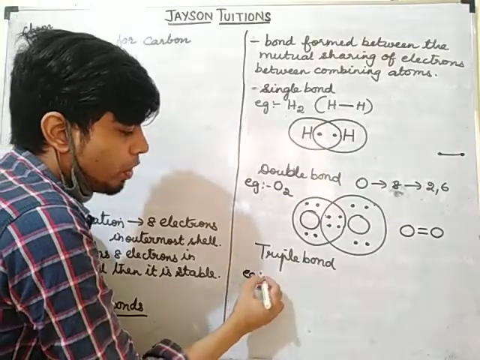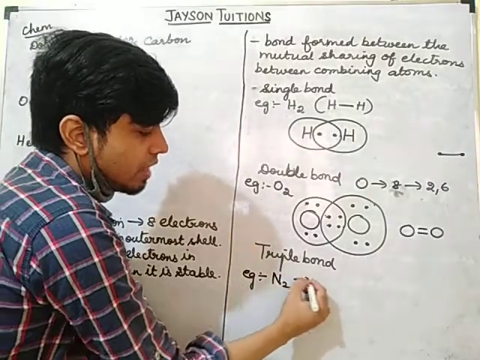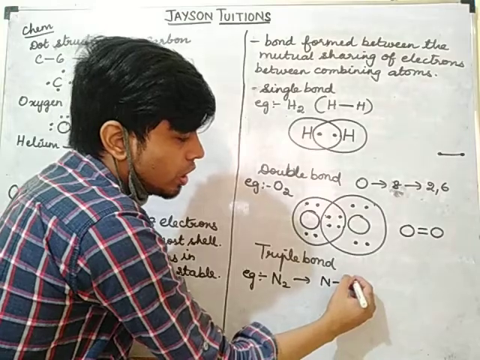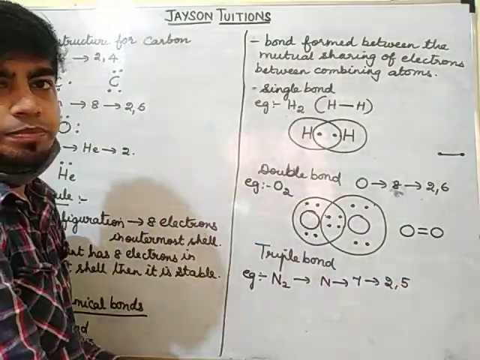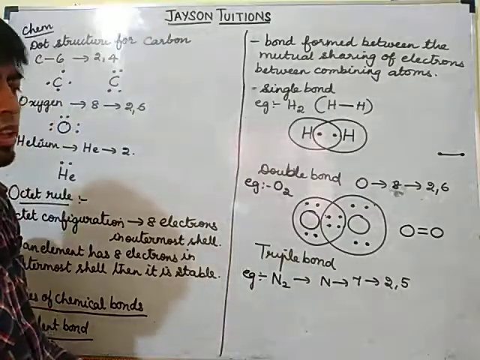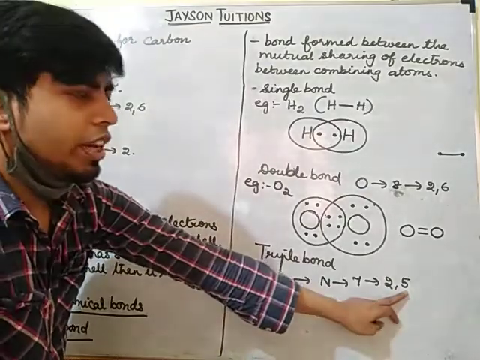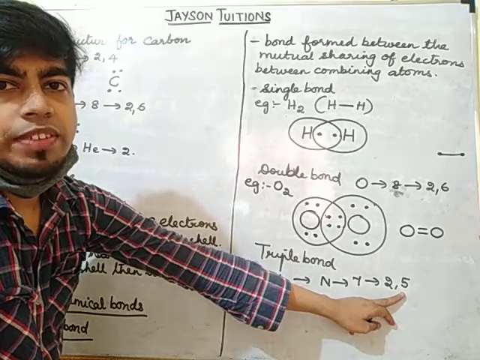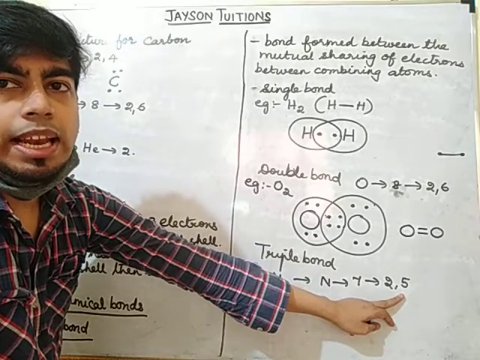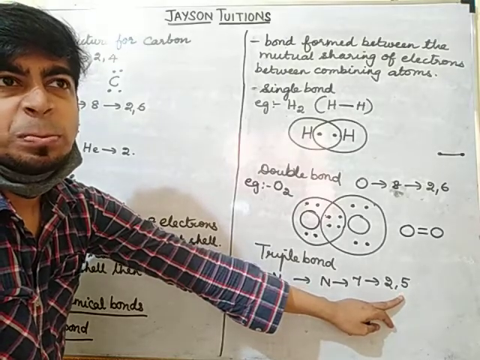Now for the triple bond I am taking nitrogen as the example. Nitrogen, the atomic number is 7, so it is 2, 5. How many dots should we keep? 5 dots. How many electrons will it share?